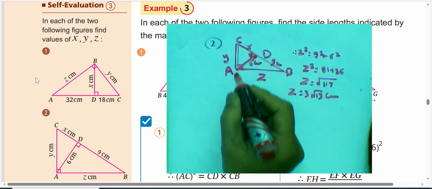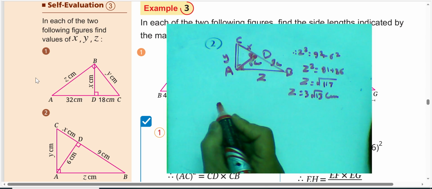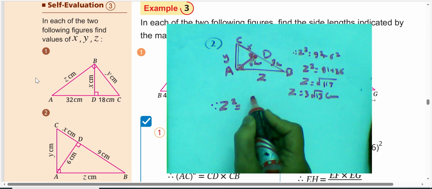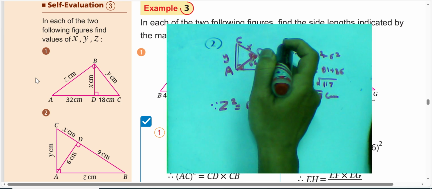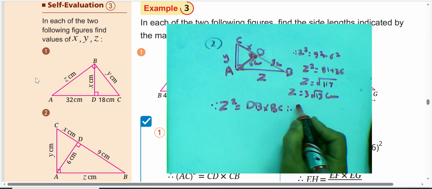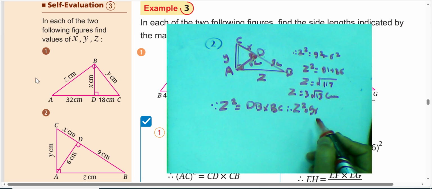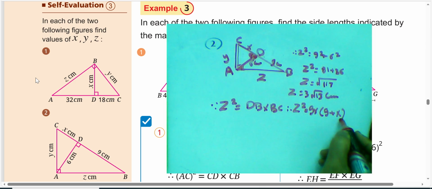Okay, we can find also x. How can we write z power 2 equal DB, the projection, DB product by BC. Then z power 2 equal DB was 9 product by BC was 9 plus x.